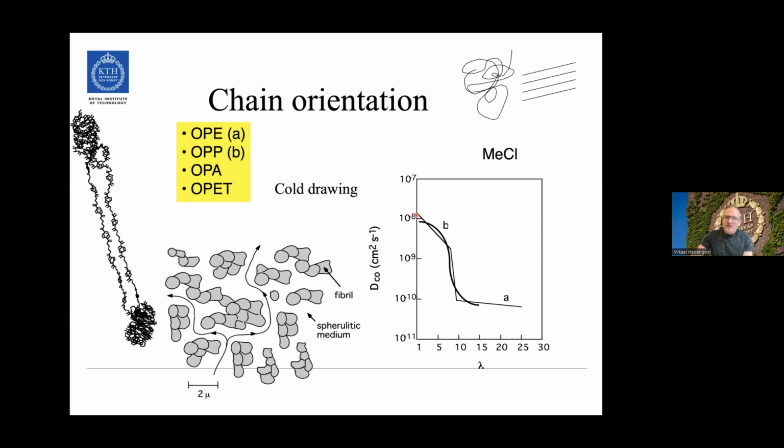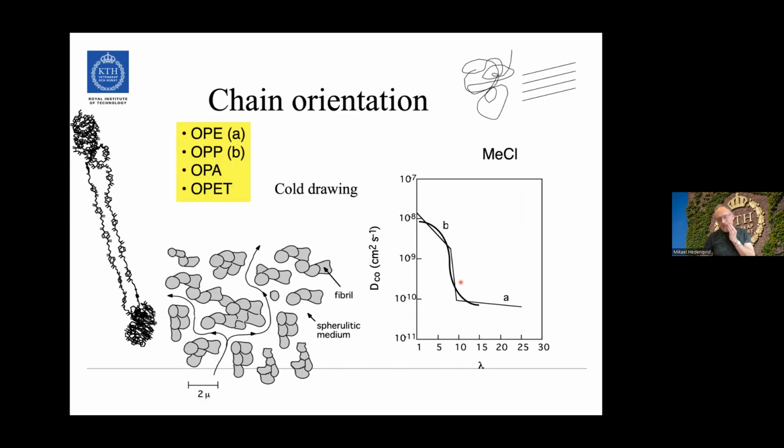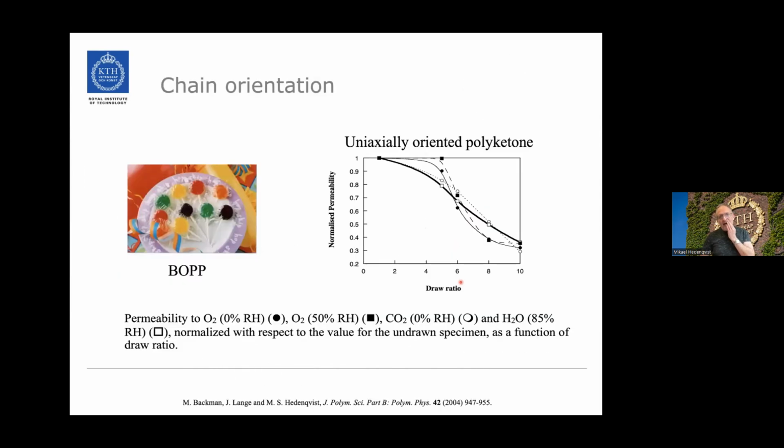And you can see that there is a quite specific change at around a draw ratio of 8. And that's where you have the big change from a spherulitic to a non-spherulitic structure. You're starting to obtain fiber-like structures at around 8. It's quite a strong, large draw ratio here.